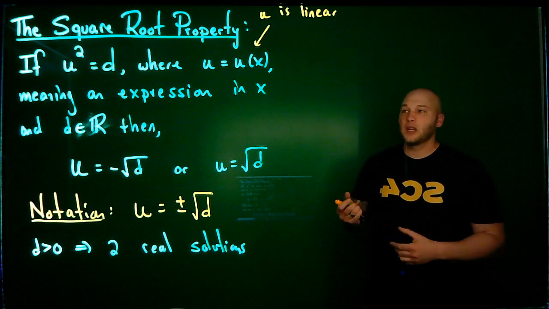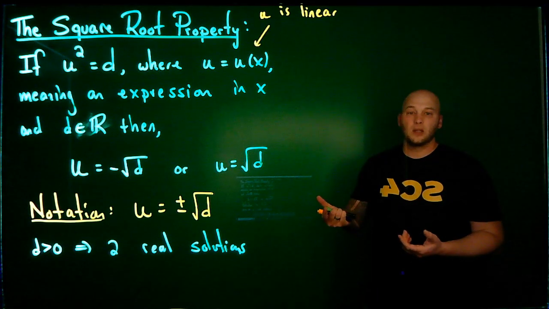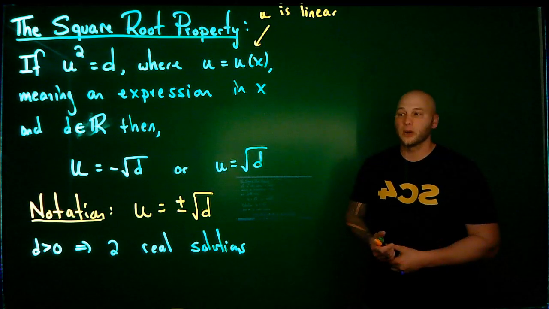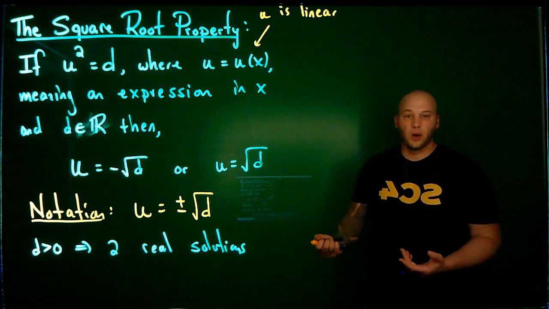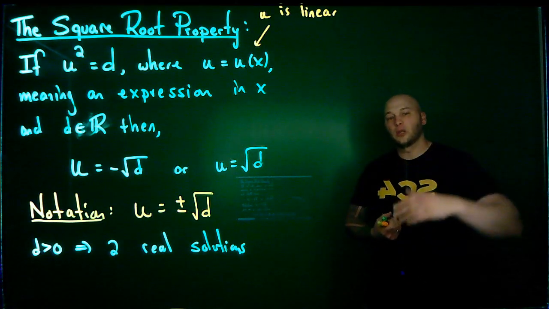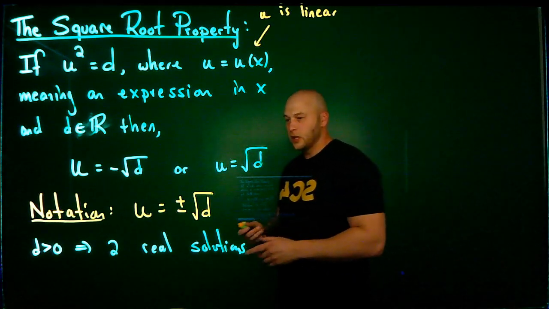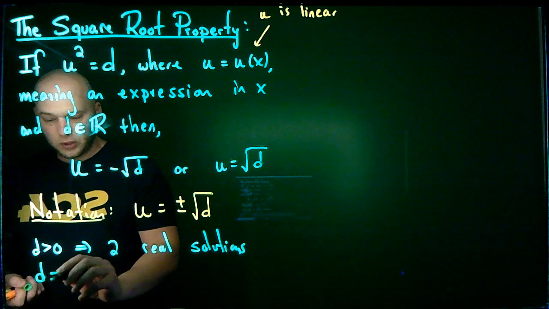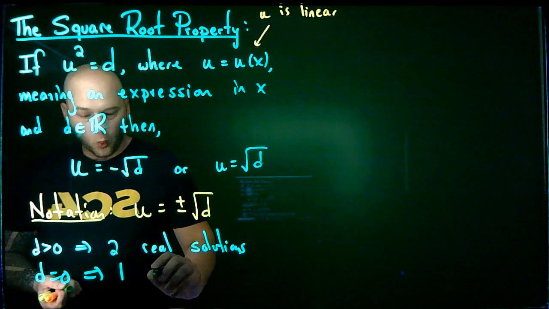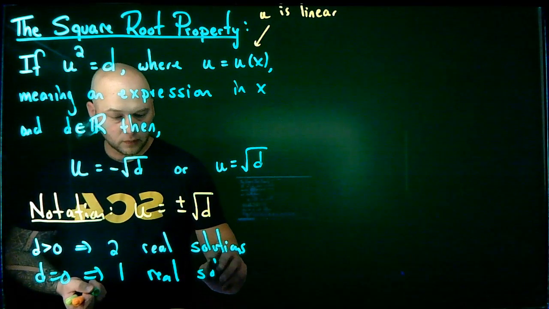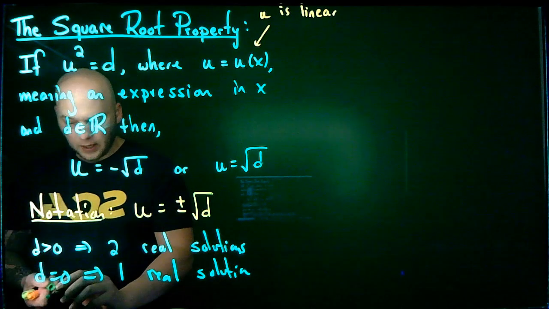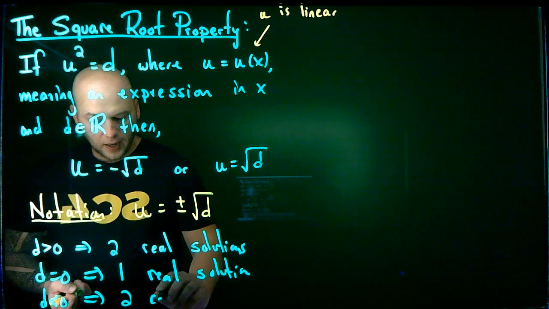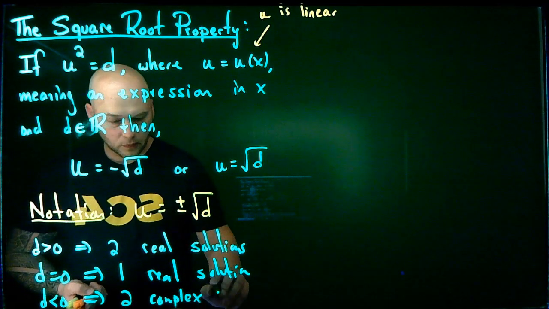But for right now, I'm assuming that if you're watching this, you're in a beginning algebra, intermediate algebra, perhaps the beginning of a pre-calc course, where u would be like x plus 1 or x minus 3. And you'll see throughout the solutions what that looks like. If d is positive, then there's going to be two real solutions. If d is equal to 0, then there's going to be one real solution. And if d is negative, then there are two complex solutions.